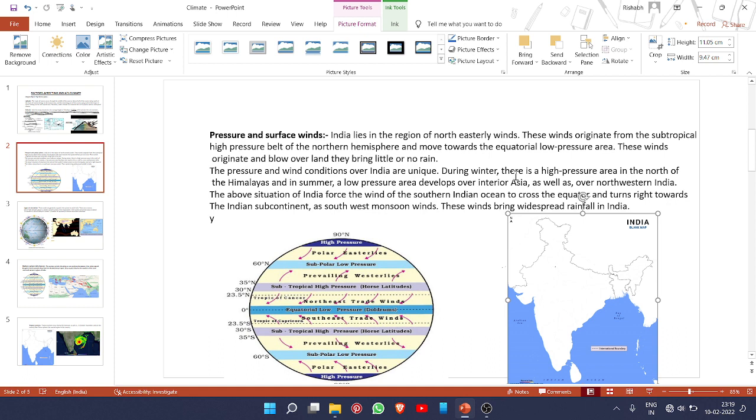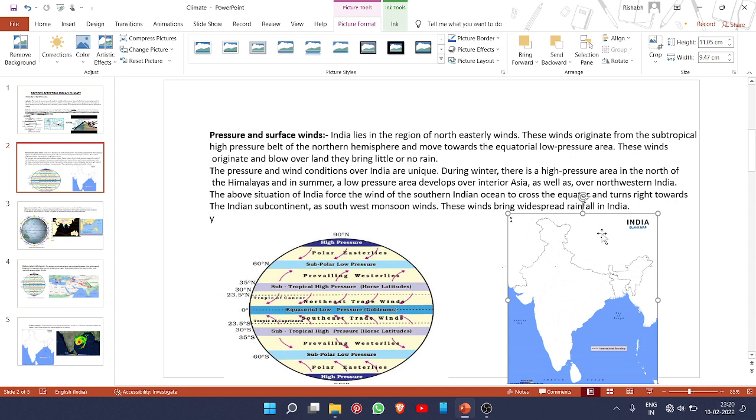During winter, there is a high pressure area in the north of the Himalaya. Now see, this is India, and the cursor, you are able to see the cursor, this is the Himalaya, and the extension of India is up to 37 degrees. Then the Himalaya is below 30 degrees.